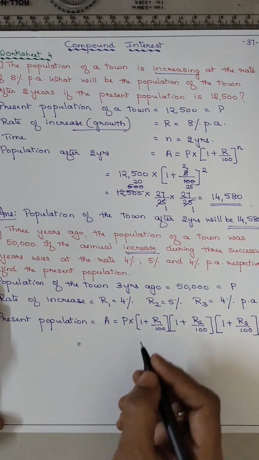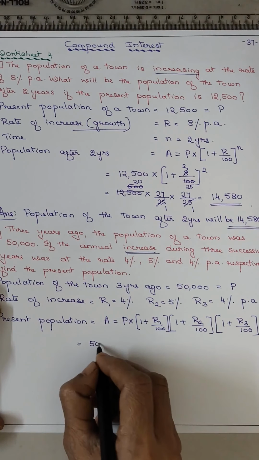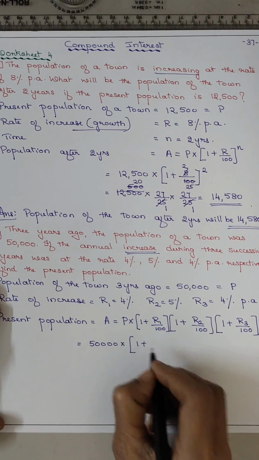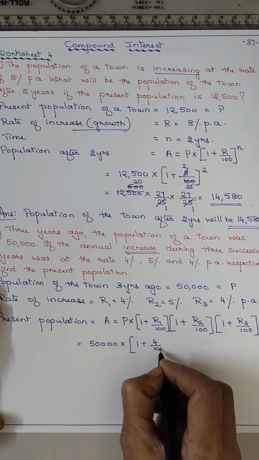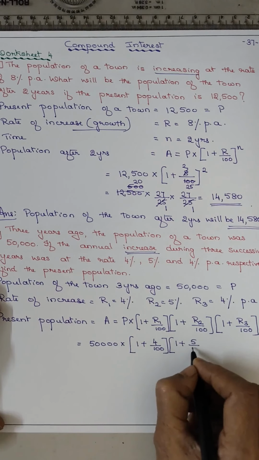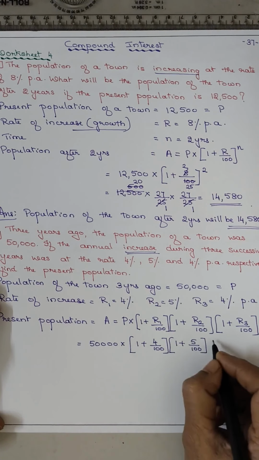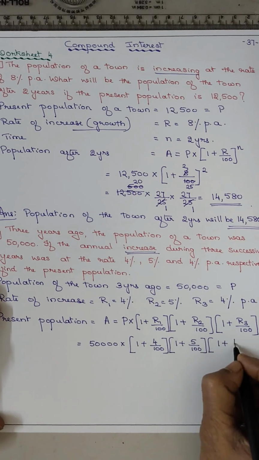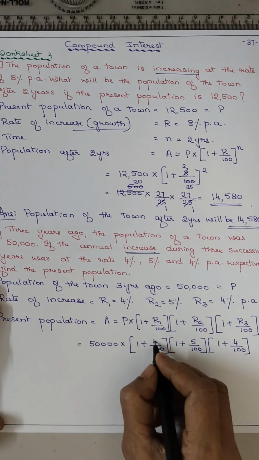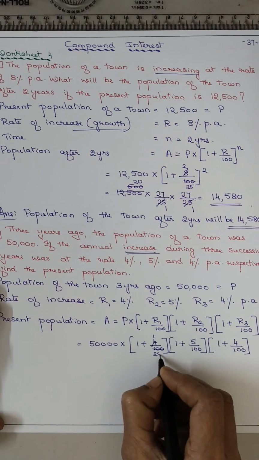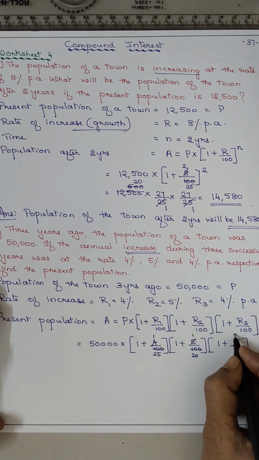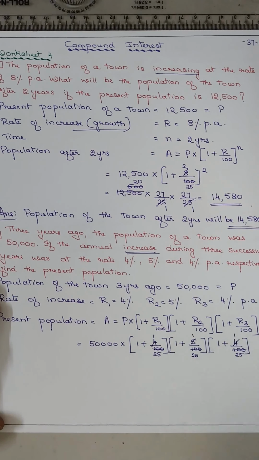Now P is 50,000 into 1 plus 4 upon 100, 1 plus 5 upon 100, then 1 plus 4 upon 100. 4 ones are 4, 25s are, 5 ones are 5, 20s are, 4 ones are 4, 25s are.